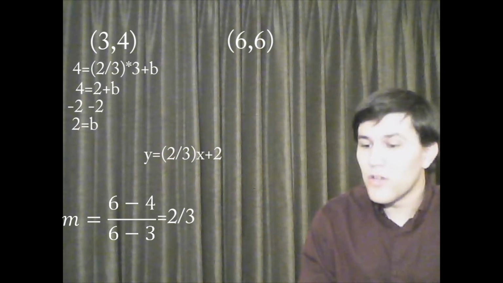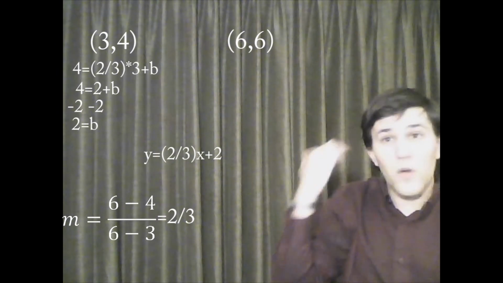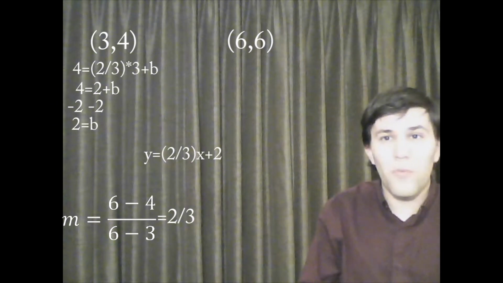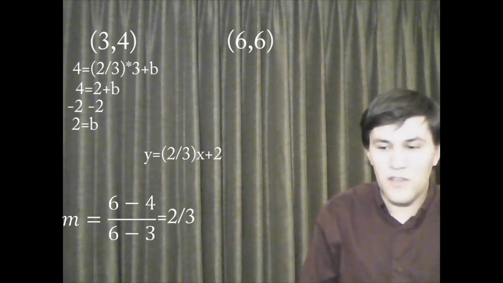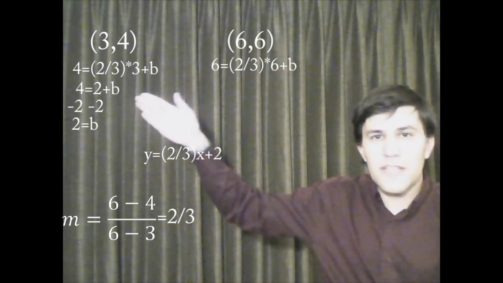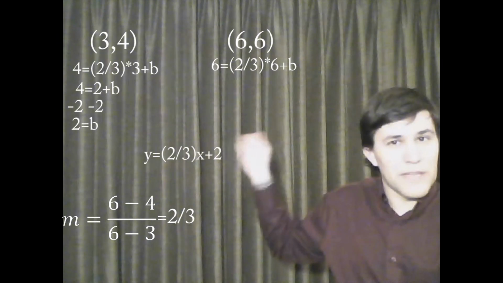For our next part, we're going to consider the point 6, 6. So just as we did with the 3, 4 point, we're going to put in 6 and 6 for our x and y values. So we're going to have 6 equals 2/3 times 6 plus b.